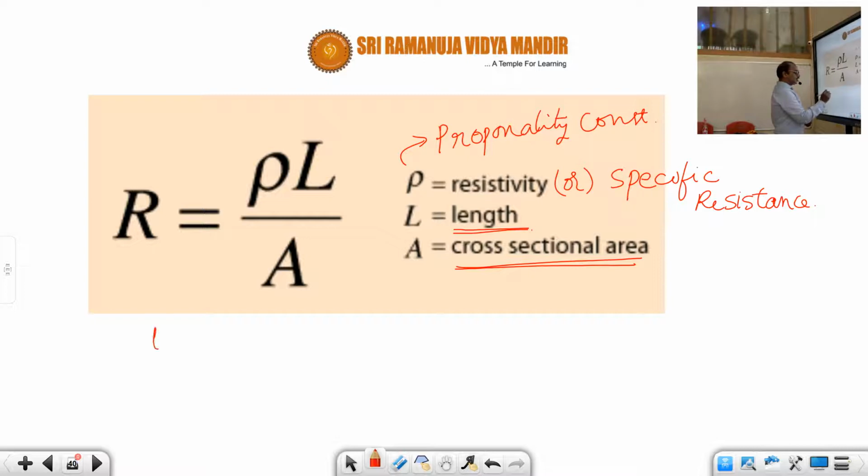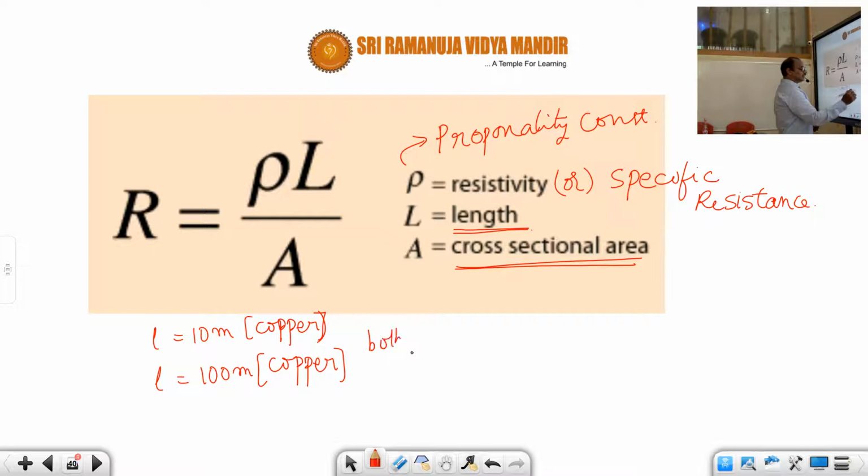Let us take L equal to 10 meters made with copper, and another with L equal to 100 meters, also made with copper. Both will have different resistances.